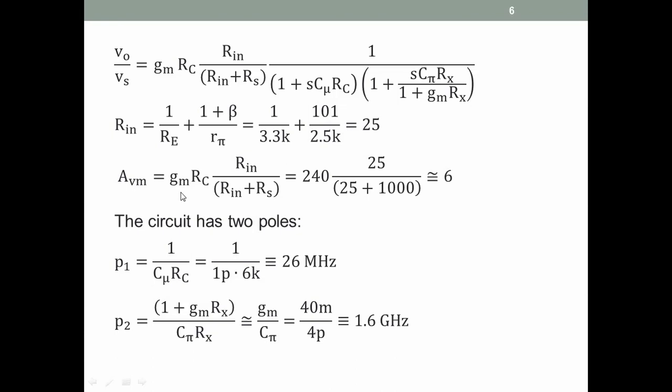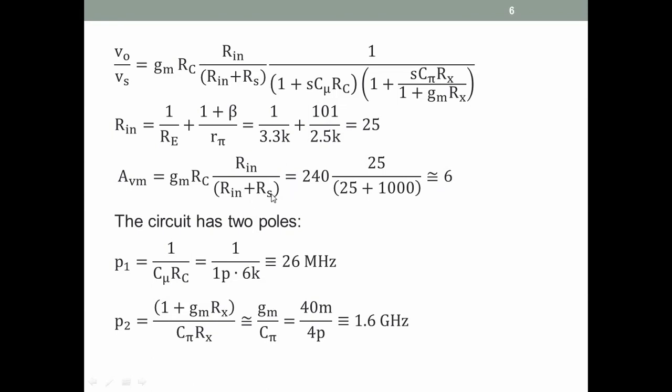And the mid-band gain is GMRC times this loading factor. GMRC is large, a nice 240. But because Rin is very small, there is an immense amount of loading, and so this term is very small. And so the overall mid-band gain turns out to be only 6 because Rs is large.